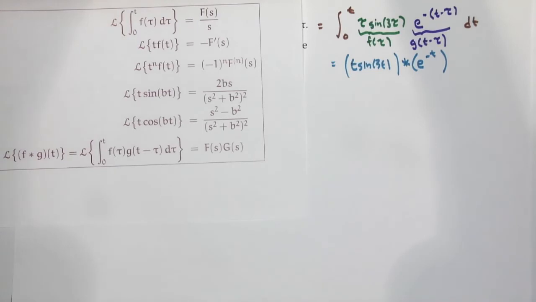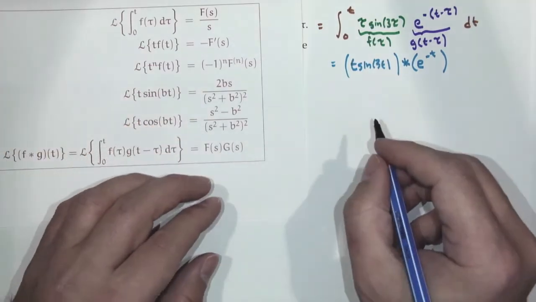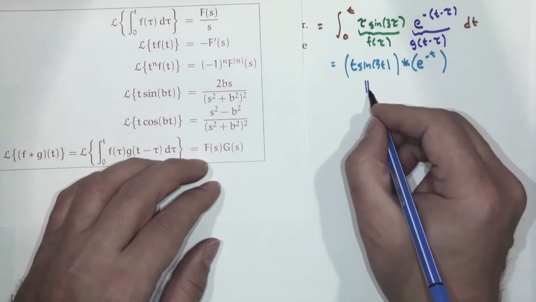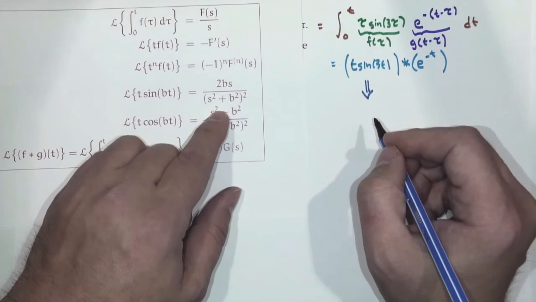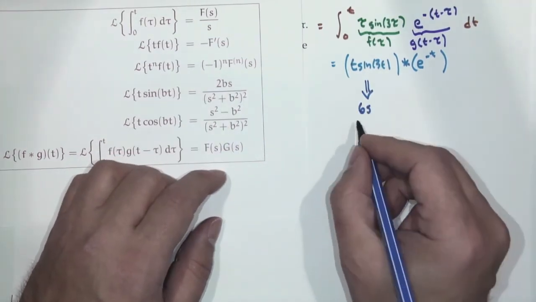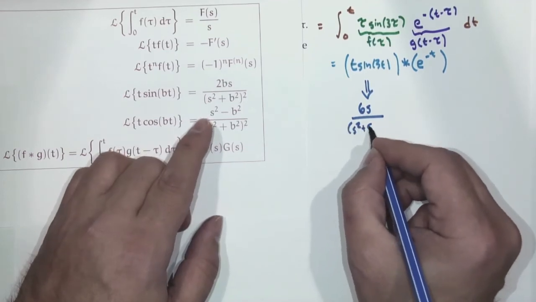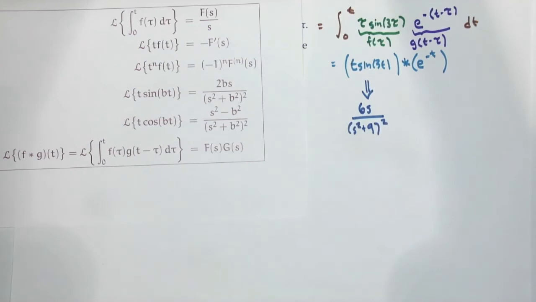It was right in front of us the whole time. So we just put in b equals 3. When we do the Laplace transform, this is going to go to 2 times 3 times s, which is 6s, downstairs s squared plus 9 squared.